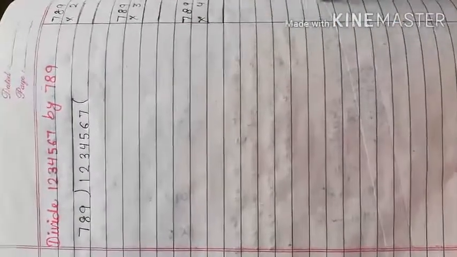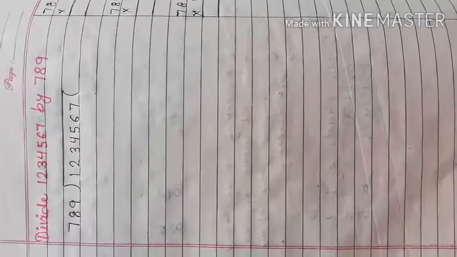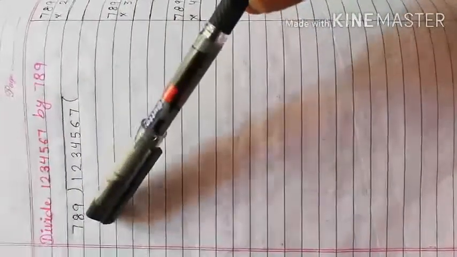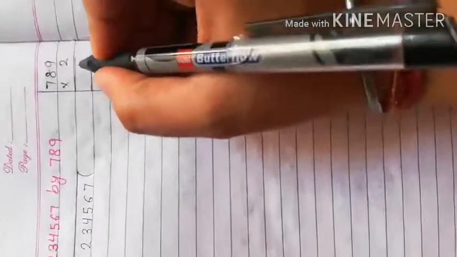Yesterday also we had the margin line in which we wrote the table according to our requirement, and today also, as we need the table of 789, we will just multiply it. So here I have written up to 4. First of all, we will see these numbers, and then after we will just solve the sum accordingly. So let us see the answers.